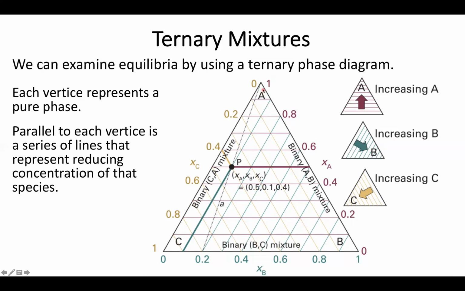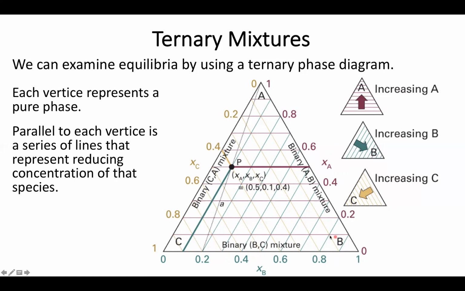And each of these lesser degrees can be shown by a line parallel to our vertex at the top, where the first line here represents 90% A, then 80, then 70, then 60, then 50, 40, and so on until we get to this very bottom line where I have no A at all, and the system is just B and C. Well, we can go ahead and repeat the same process with the other two vertices, where the one on the right here represents B, and the one on the left represents C. So here on the right, we have pure B.